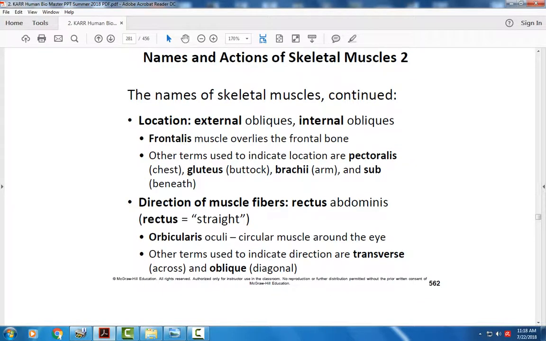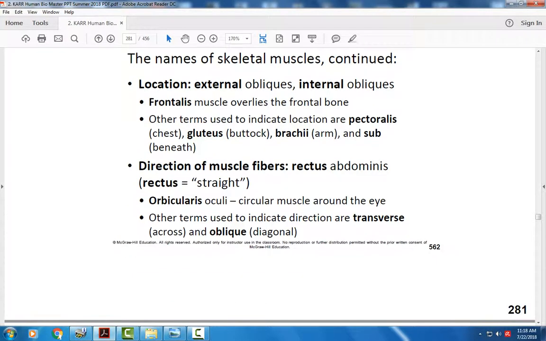Rectus means straight. If it runs in a circle, orbicularis is another term, around the eye. Transverse means across, so it goes side to side in the body. Oblique means it runs at a diagonal in the body. So these are just some terms that we use for naming skeletal muscles.